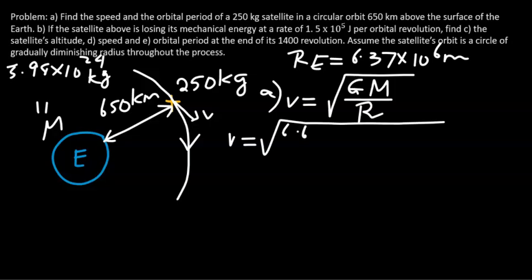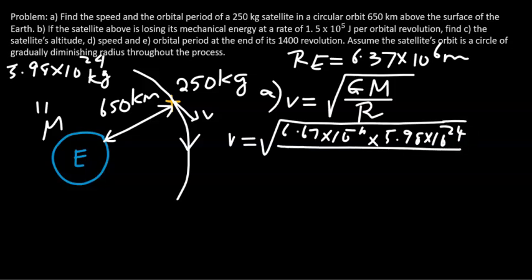It's 6.67 times 10 to the power minus 11, times the mass, 5.98 times 10 to the power 24 kg, over the orbital distance, which is the radius of the Earth plus the altitude.